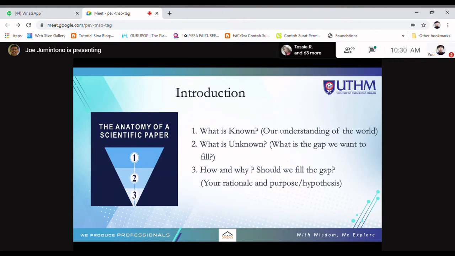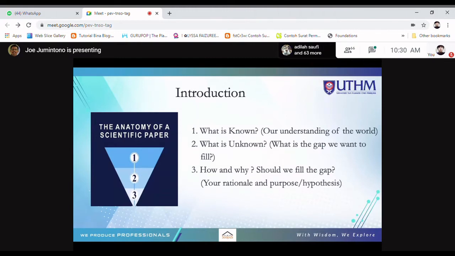Number 1 for the introduction. Please start writing in your paper, number one: what is known. Write it for the most understanding of the word. What is known is a sentence or knowledge that everyone agrees on.